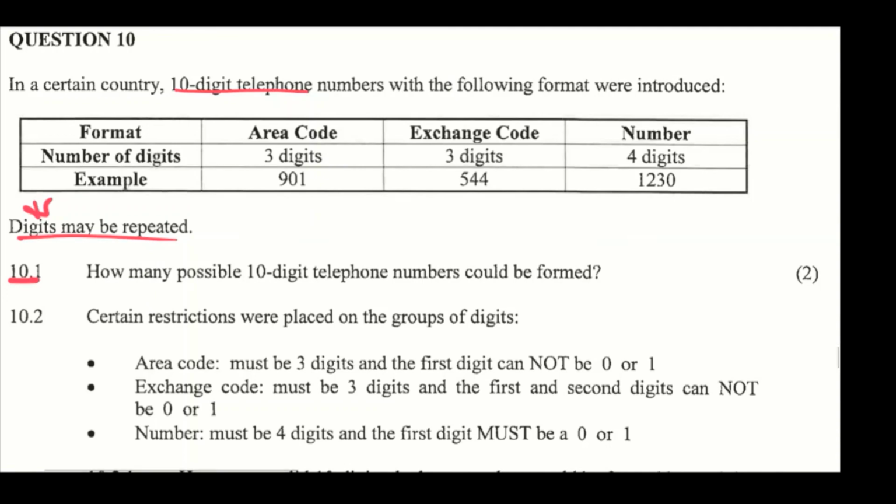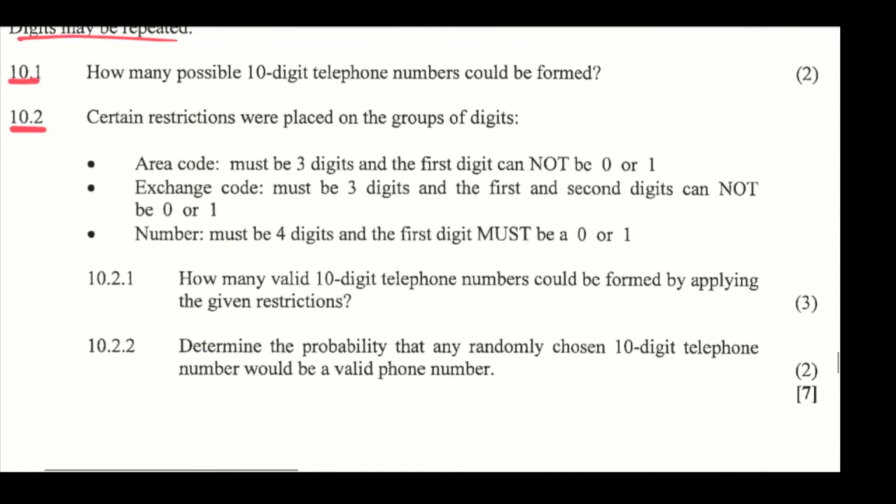So now we're going to go to 10.2, which says that certain restrictions were placed on the groups of digits. The area code must have 3 digits, and the first digit cannot be 0 or 1, right? The exchange code must be 3 digits.